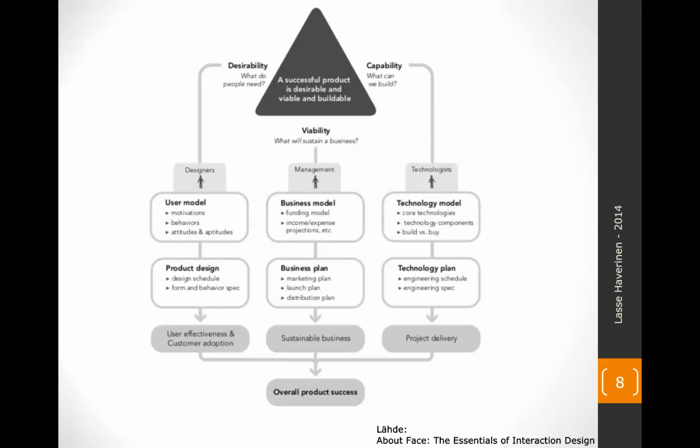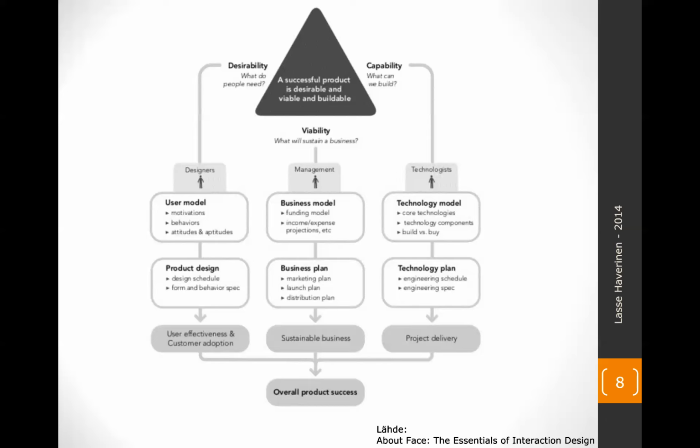So this tries to convey the situation that when creating a product, different kinds of people working in different professions must work together to create a product which should have an overall product success. The product should be designed with the user in mind.